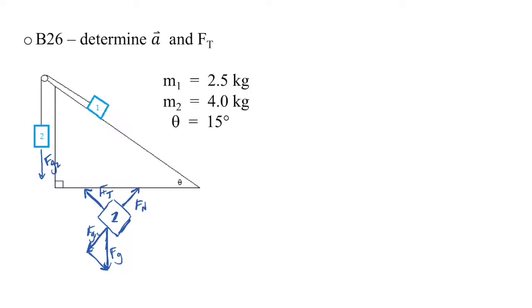So the force of gravity for 1 in the y direction, force of gravity for 1 in the x direction. Oh my goodness, doesn't that look fun? And then we know that if this angle is 15, then this angle right here is also 15. Sorry, that ended up being a bit of a mess, but hopefully you guys get it.